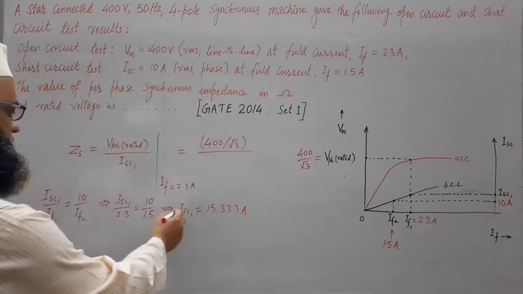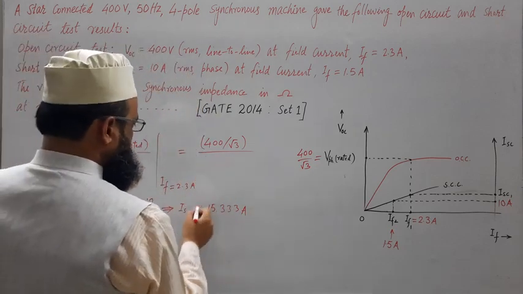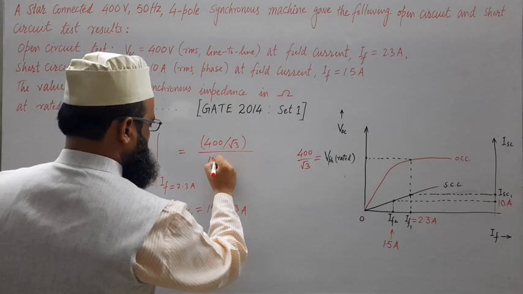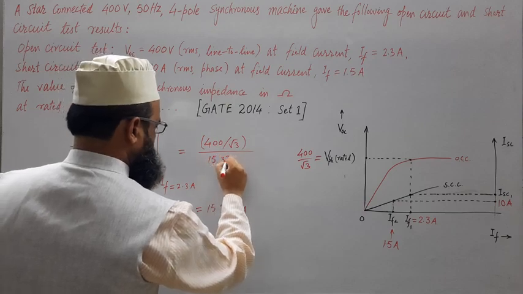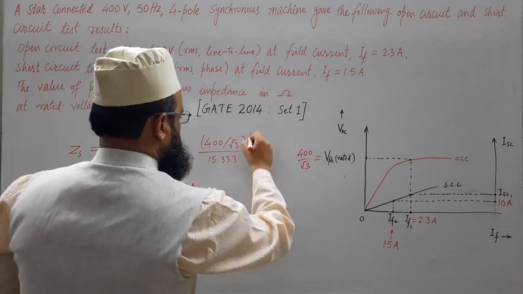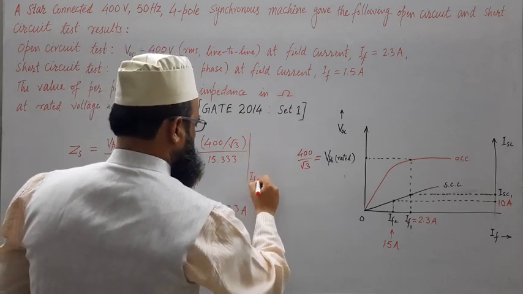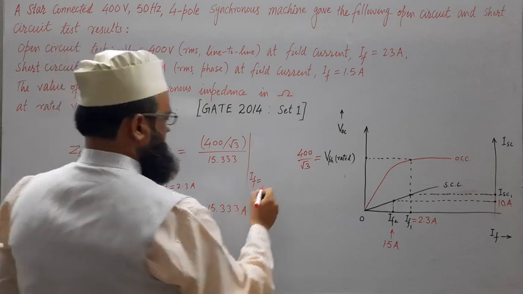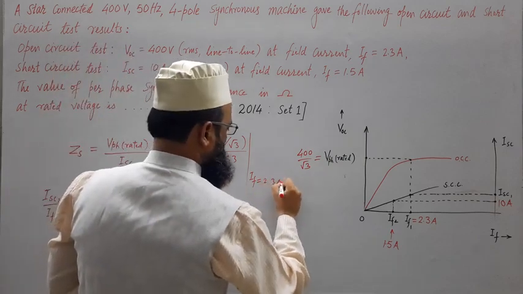Now substitute this value of ISC1 here. So we will write 400 upon root 3 upon 15.333, at IF equal to 2.3 ampere.